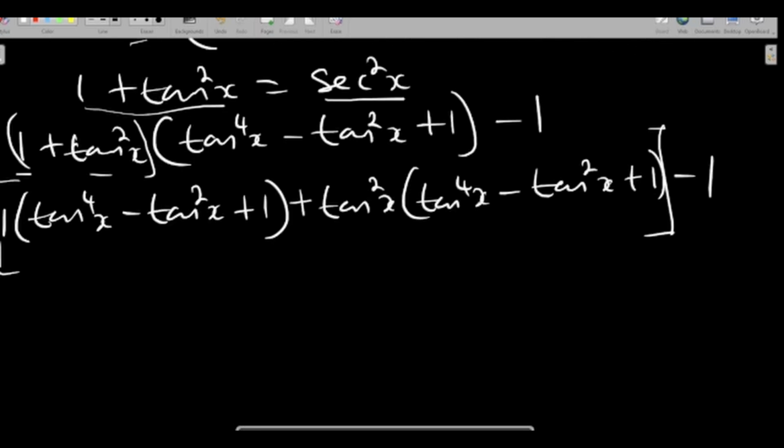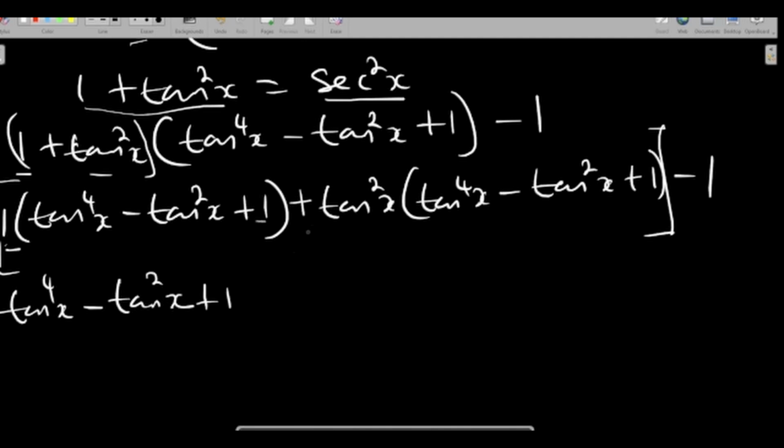Okay, so let's continue. 1 multiplied by tan 4x will give you tan 4x. 1 again times minus tan 2x will give you minus tan squared x. 1 again times 1 will give you plus 1.